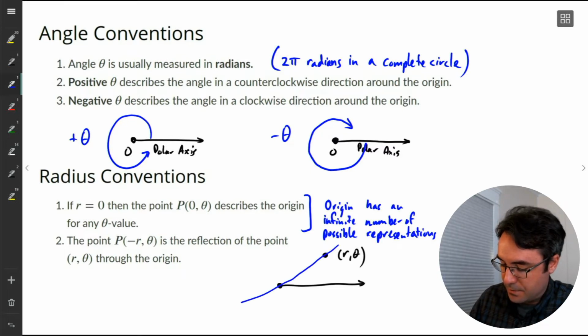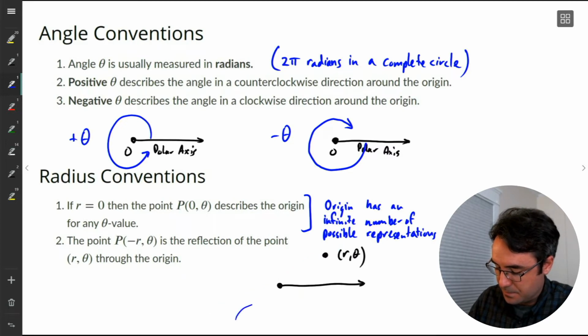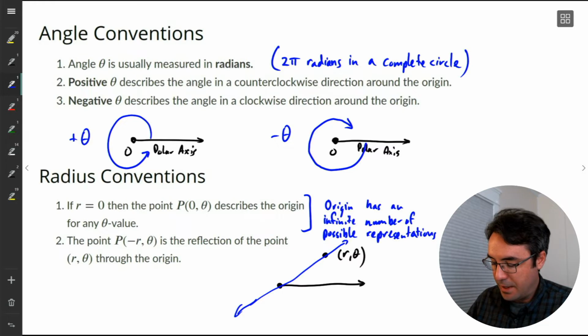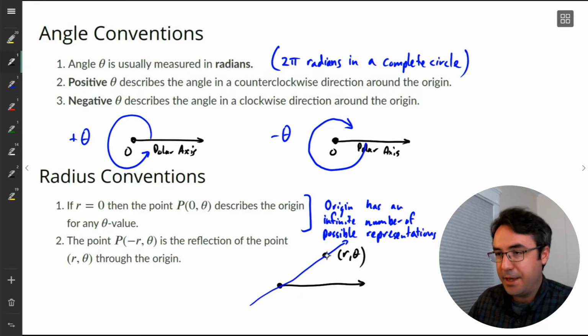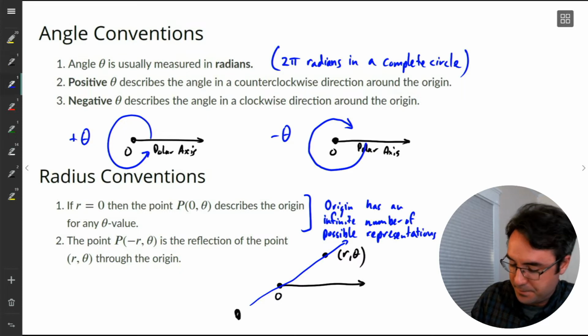There should be a straight line connecting these points here. If this is the point r comma theta, and we reflect it through the origin, we're going to be down here somewhere.